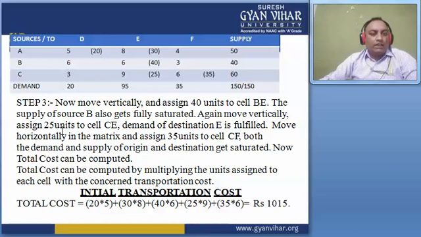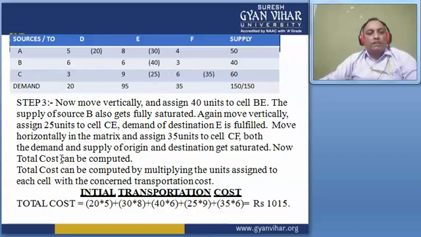Again move vertically in this row and assign 25 units to cell C and E, and the demand of destination E is fulfilled.